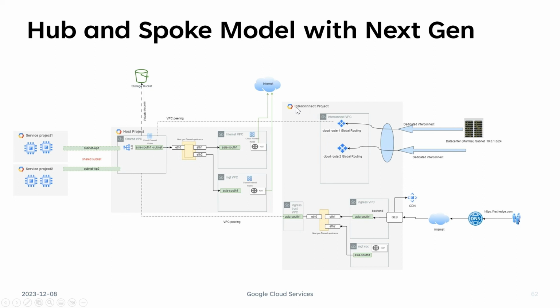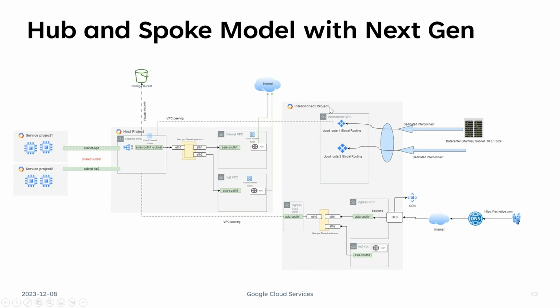Here there are two projects. There is this one project, called the interconnect project, and there is a host project, and there is a service project. Now your VMs are here, your VPCs are here. This is shared VPC. I will speak about shared VPC later, but just understand the concept.